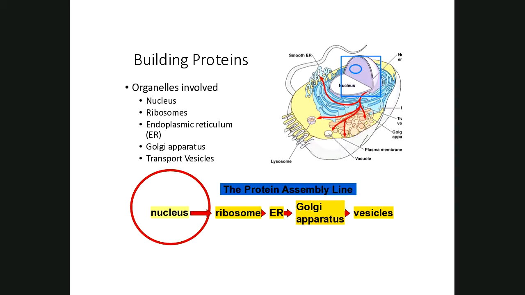The nucleolus is found within the nucleus, and the chromosomes are located within it, and they are producing ribosomal RNA to make ribosomes.